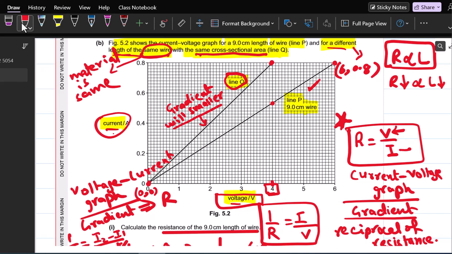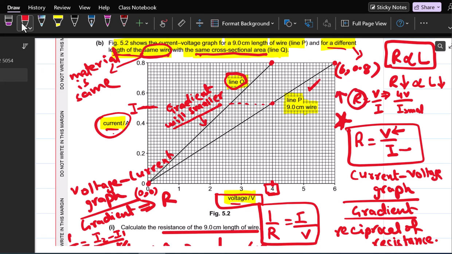So R is equal to V over I. If we keep this voltage constant at 4 volt and we divide it with different currents, the smaller the denominator, the greater the value. If I am having this smaller current, the value of resistance will be greater.